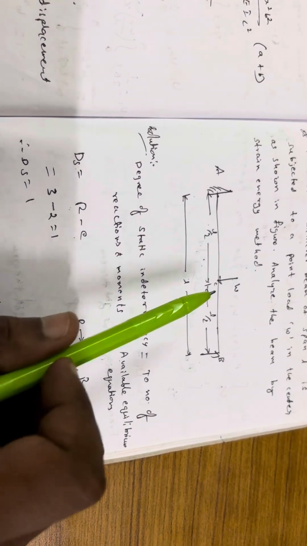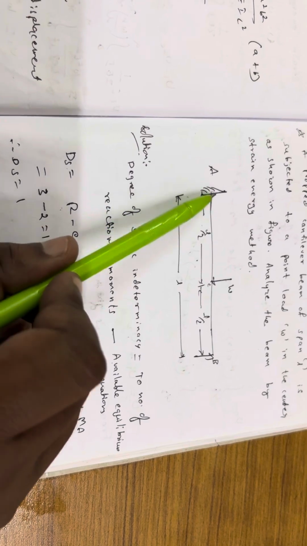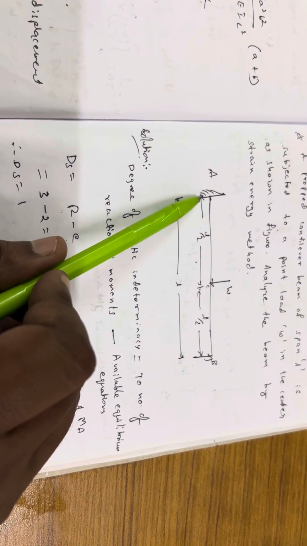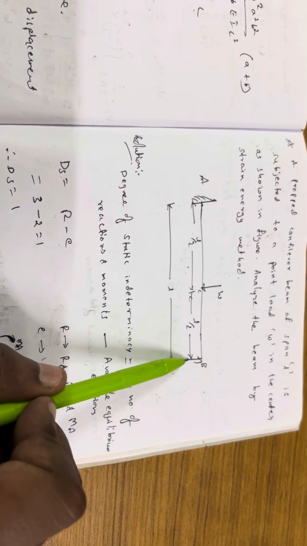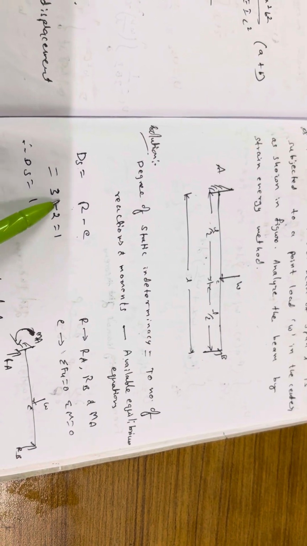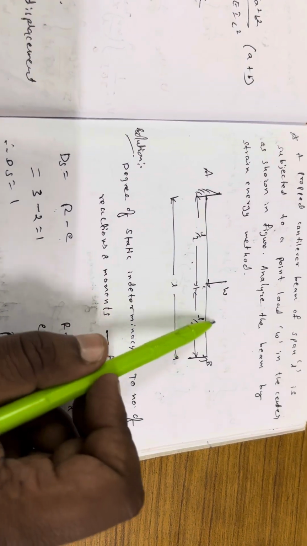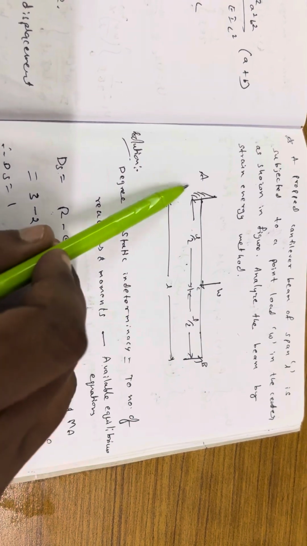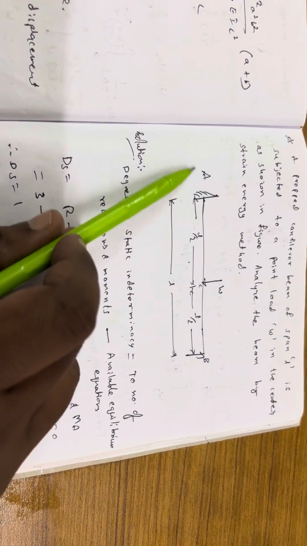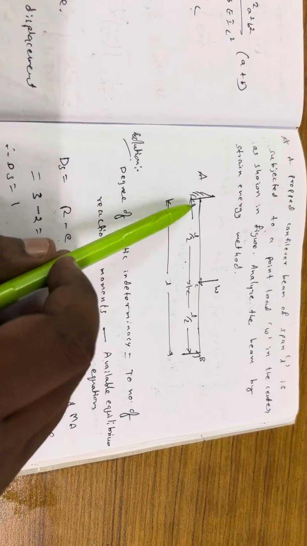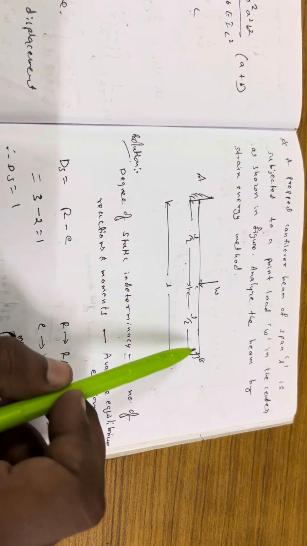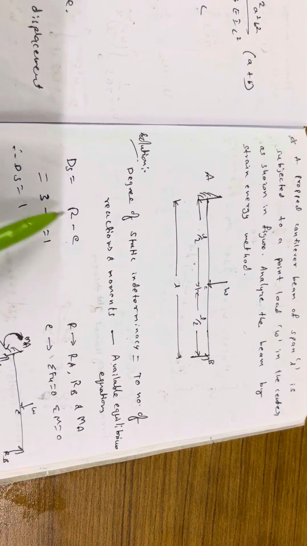Generally a fixed support gives 3 plus 1, that is 4 reactions, but it is not 4 here because there is no horizontal force, so we can neglect the horizontal reaction. So we have vertical, moment and this reaction, 3.